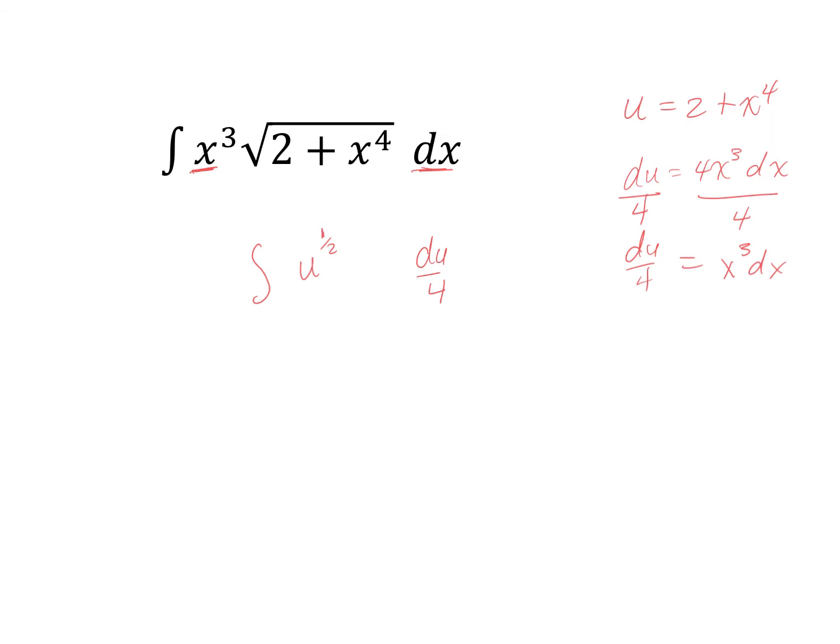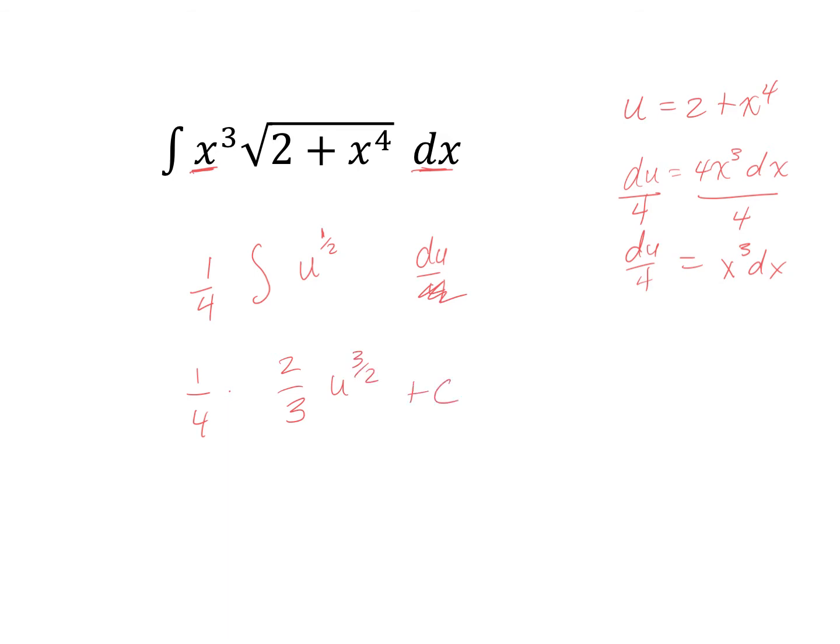Now, with integrals, you can take that constant and write it in the front instead. Now, that integral for u to the 1/2 is still going to be 2/3 u to the 3/2.